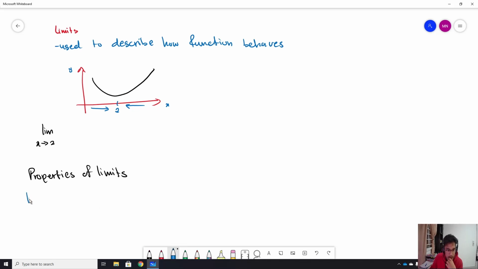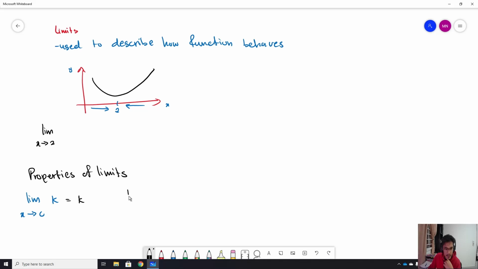Okay, let's say we have the limit as x is approaching the value of c, and right here is a function k. In order to find the limit of the function k as x approaches c, we need to substitute the value of x into the function. Since the function has no x, the limit of k is just equal to k.